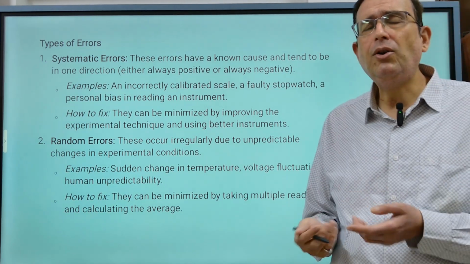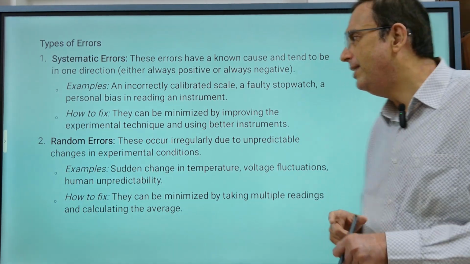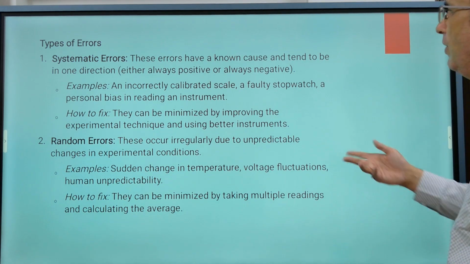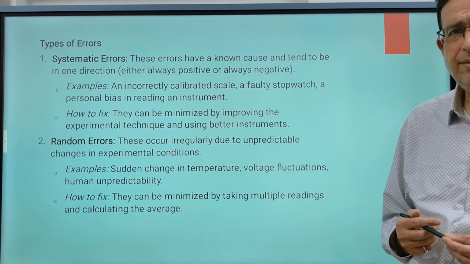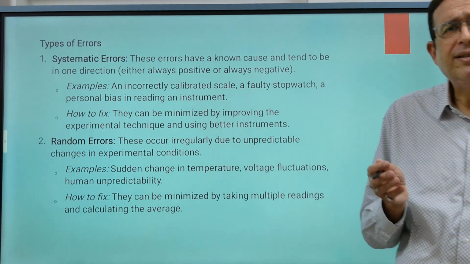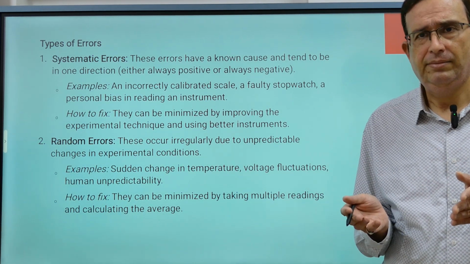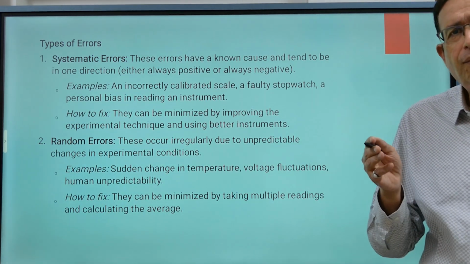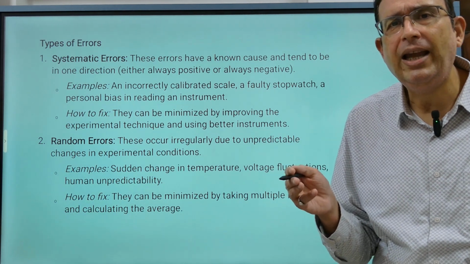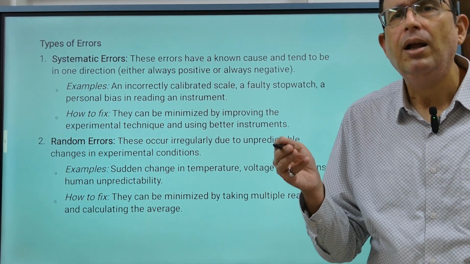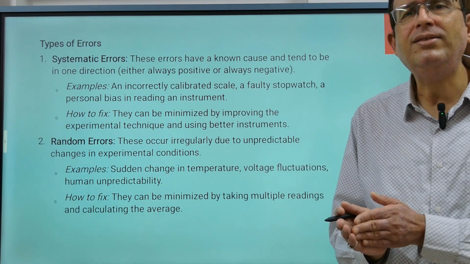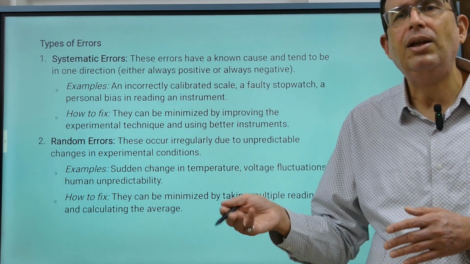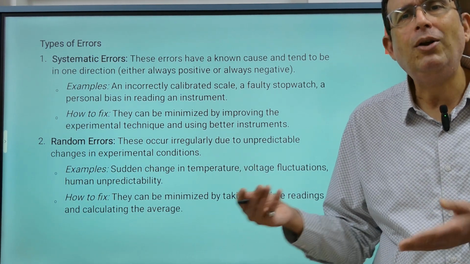Basically, let us say we are measuring the length of an object. And when you're measuring the length, your scale is not calibrated. So actually the 1 centimeter of your scale is actually 1.1 centimeter. So whenever you're measuring 1 centimeter, you are actually measuring 1.1 centimeter.